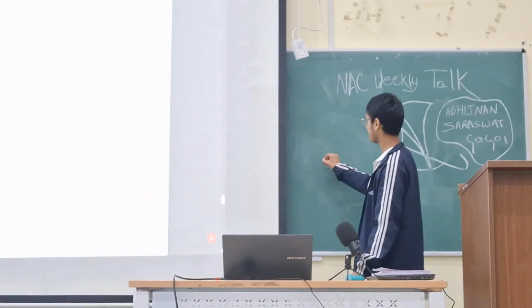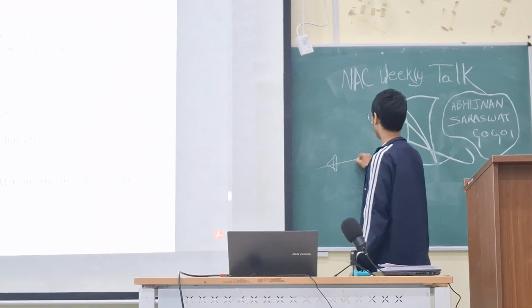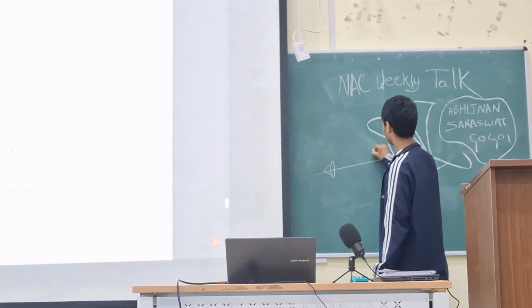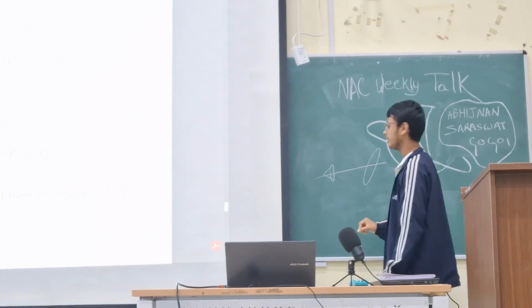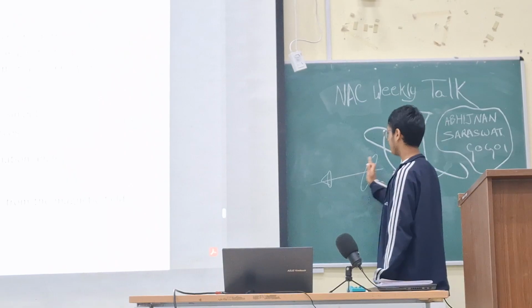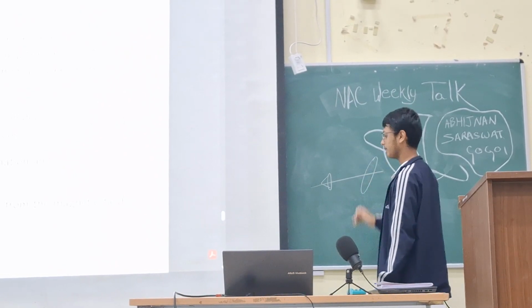So let's say this is our telescope, and this is our line of sight. So our spiral galaxy can be in any random orientation, and it may not be completely perpendicular to this line, or it may not be completely flat either. It can be at some angle.